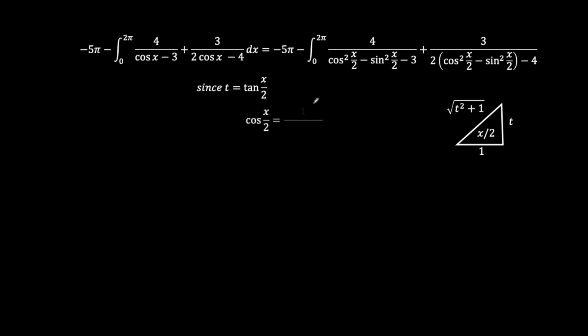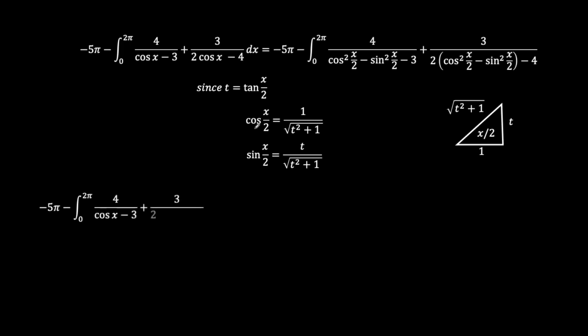And therefore, cosine x over 2, which is adjacent over the hypotenuse, would be 1 over square root of t squared plus 1. And then the sine of x over 2 would be t over square root of t squared plus 1. And so therefore, this integral here becomes negative 5 pi minus.